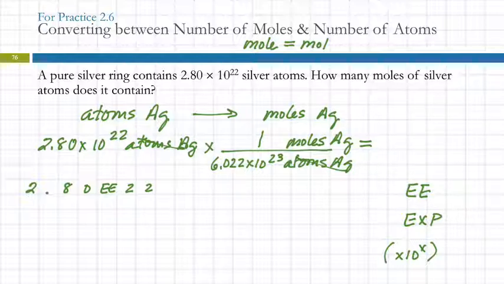You don't press it twice. And then I need to divide by 6.022 times 10 to the 23rd. So I'm going to divide by 6.022 EE 23 equals. And my calculator is giving me this.